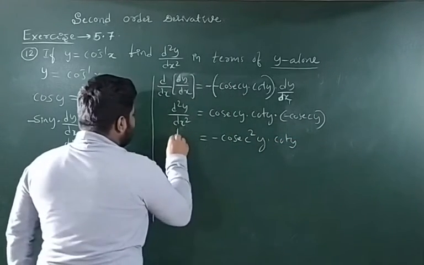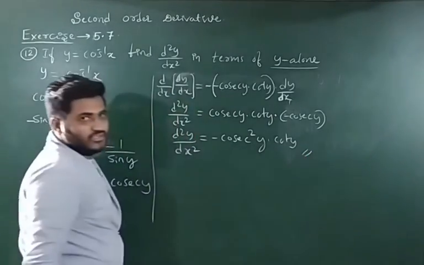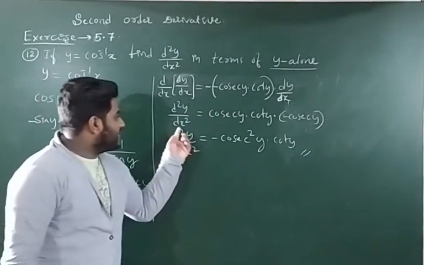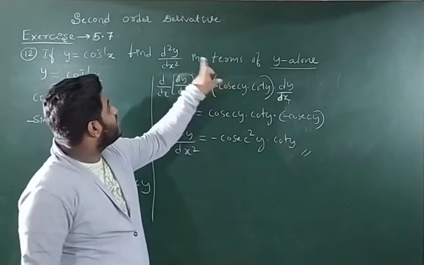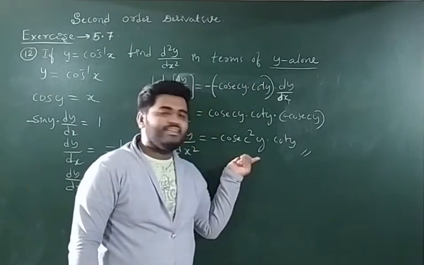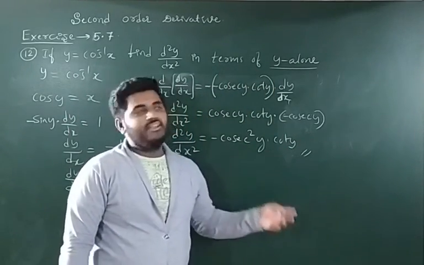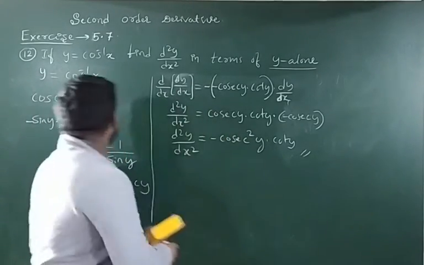So this is nothing but our d square y by dx square. This is the answer. Carefully see here guys, in the answer we are getting only y terms. Therefore they have given d square y by dx square in terms of y alone. Right, this is question number 12. Very easy. Next one, question number 13.